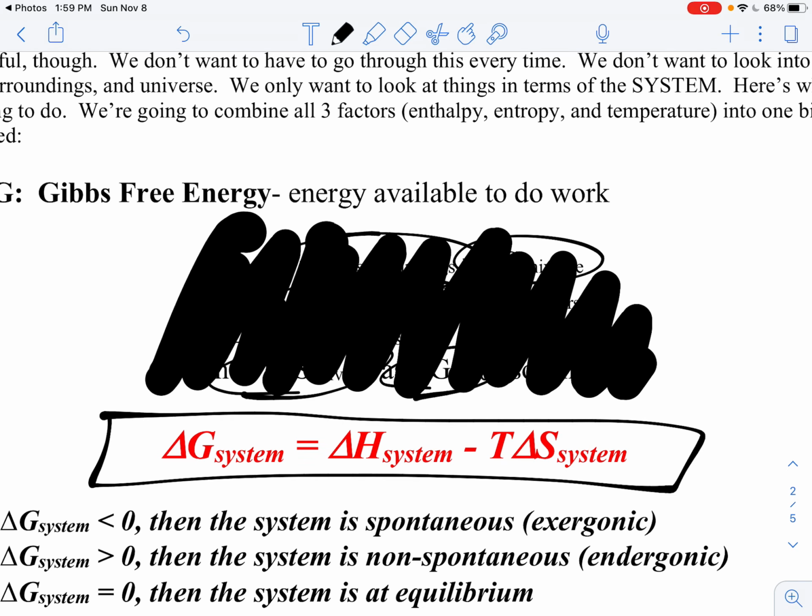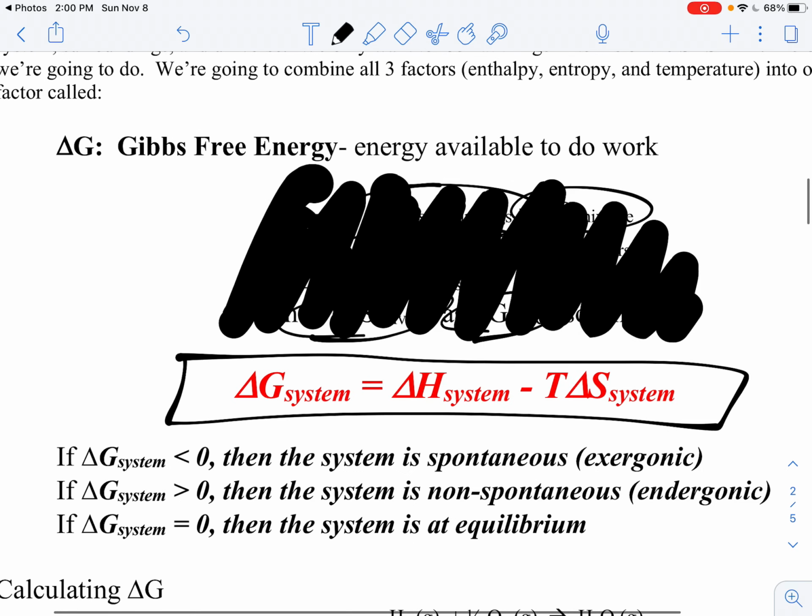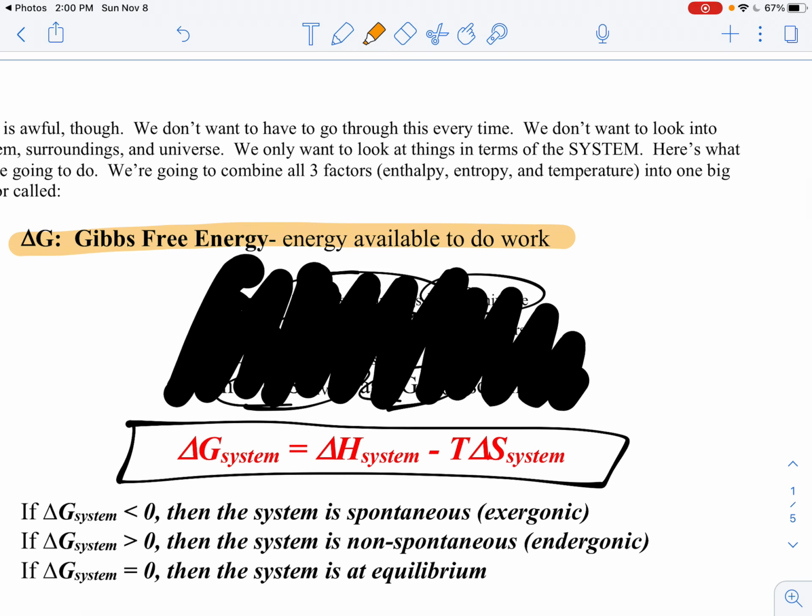The basic point, if we want to cut right to the chase, is this equation here. We've got a brand new topic, and our brand new topic is called delta G, the Gibbs free energy. The Gibbs free energy is technically the energy available to do work, but basically what it comes down to is it combines all three factors into one equation, and it is one equation from only the system's perspective.